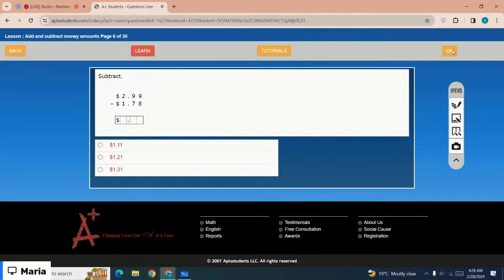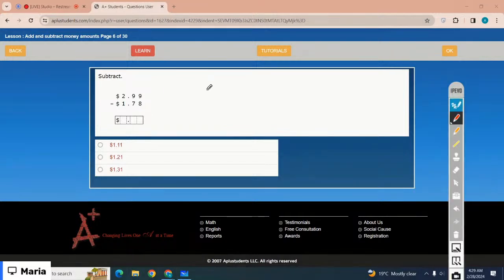The next one is 2.99 take away 1.78. So, which is the correct option? You have to simply subtract, like you subtract the decimals or the normal numbers, right?